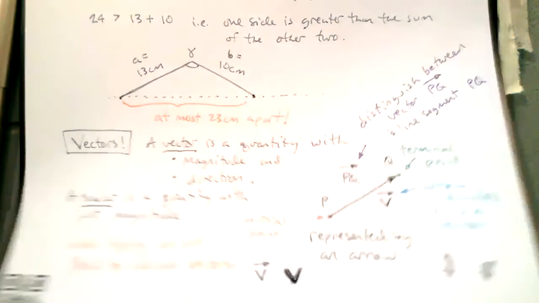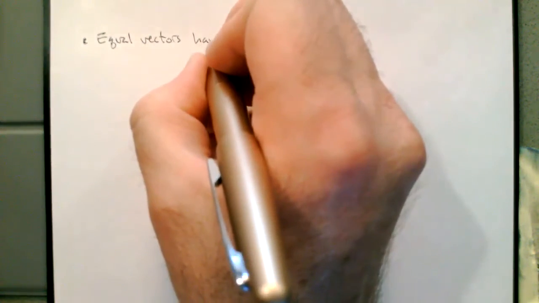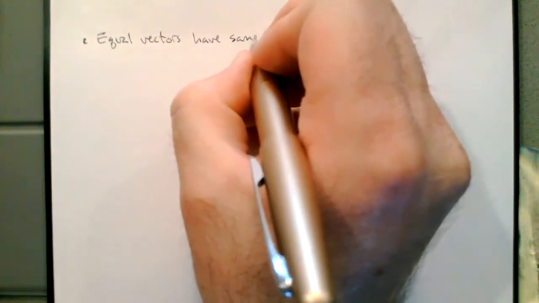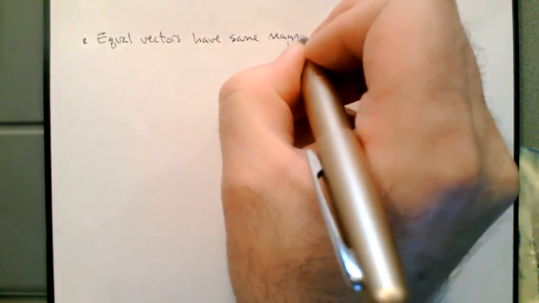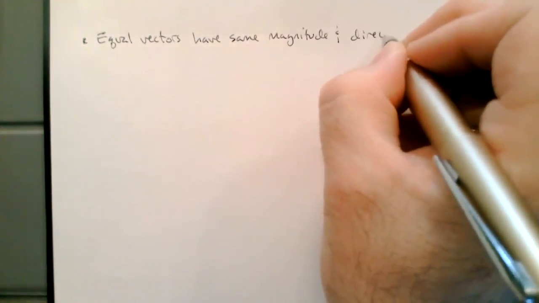So equal vectors have the same magnitude and direction.